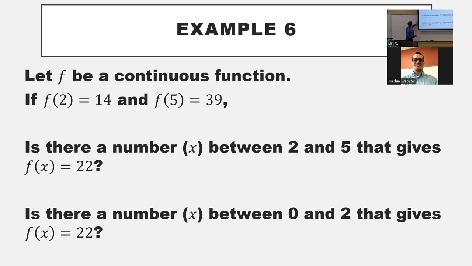So let's take a look at specific numerical examples. Let's say I have a function and I know it's continuous. And I know f of 2 is equal to 14, and f of 5 is equal to 39. So we have 2, 14 as one point, and 5, 39 as another point.